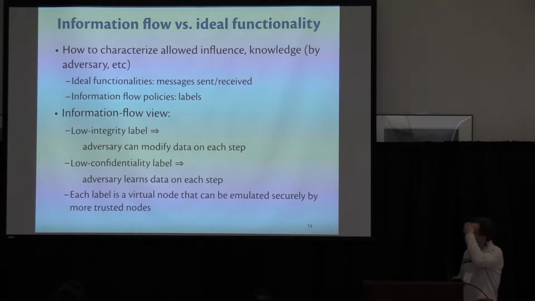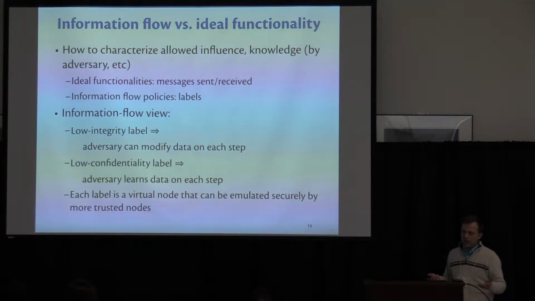So the information flow view of this, when applied to a distributed system, says, well, if you have a low integrity label, what that really means is that the adversary, so low is kind of defined relative to the adversary we're thinking about here, but the adversary is allowed to come in and stomp on that data whenever they feel like it. That's what it means to be low integrity.